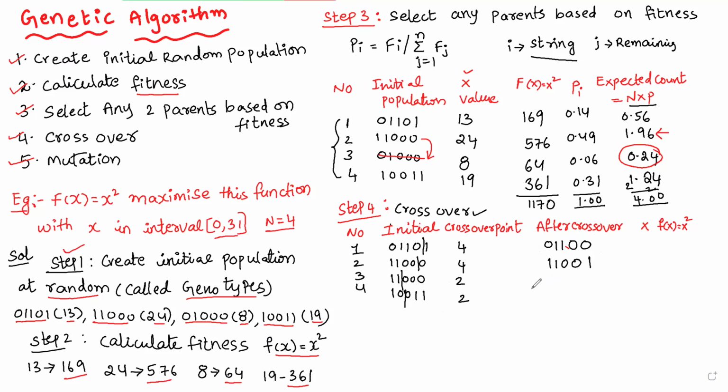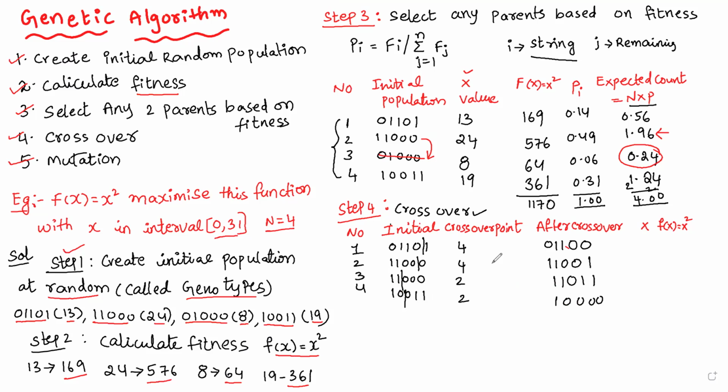In the third one, 1 1 0 0, we change it to 1 1 0 1 1, and the last one is 1 0 0 1 1. Here the last value is 1 0 0 0. So this is called after crossover.